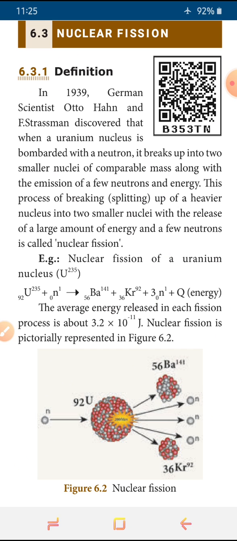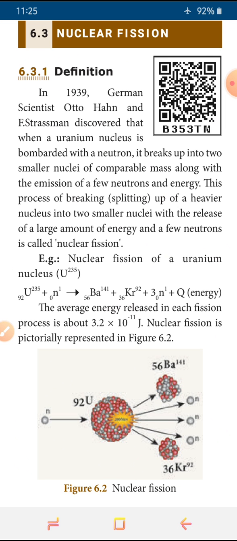Uranium is a huge nucleus, and we are breaking it by colliding it with a neutron. Along with the emission of a few neutrons and energy. So when it collides, the uranium nucleus breaks, and the huge nucleus changes into smaller nuclei, and some neutrons are emitted along with some energy.